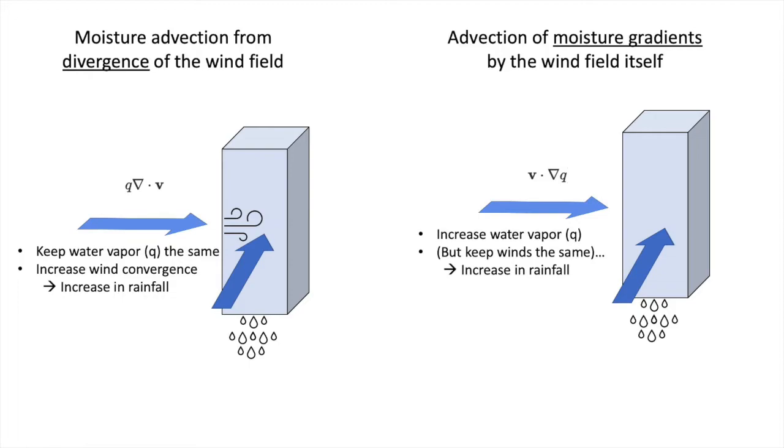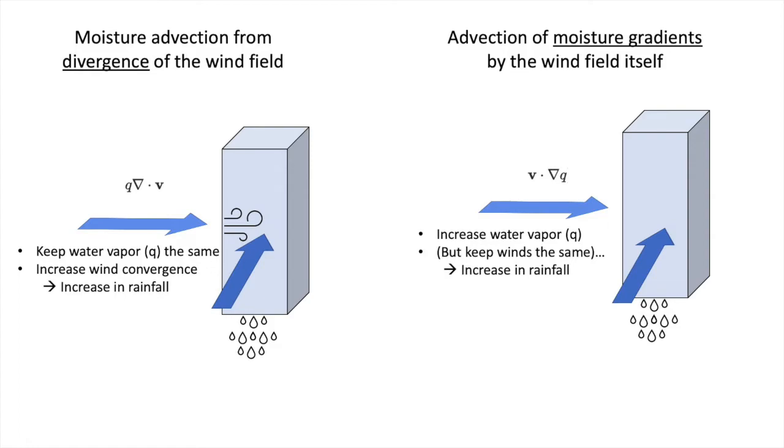This first term is how much changes in the wind account for changes in the amount of water vapor, versus, in this case, what if we're holding the wind field constant? How much do changes in the gradient of moisture or the availability of moisture contribute to the precipitable water at a given site?